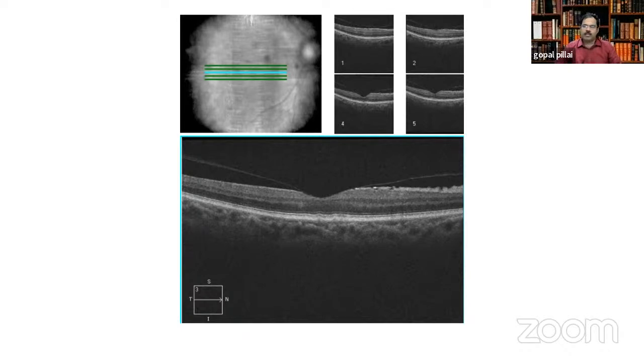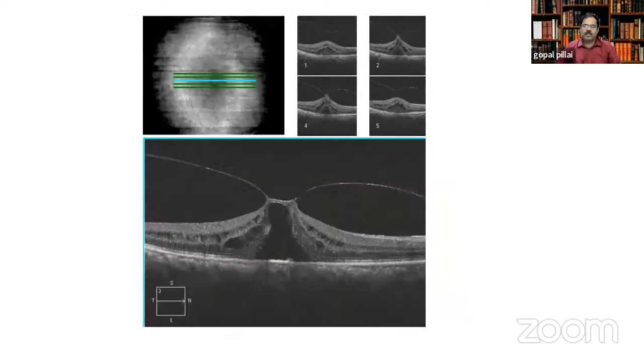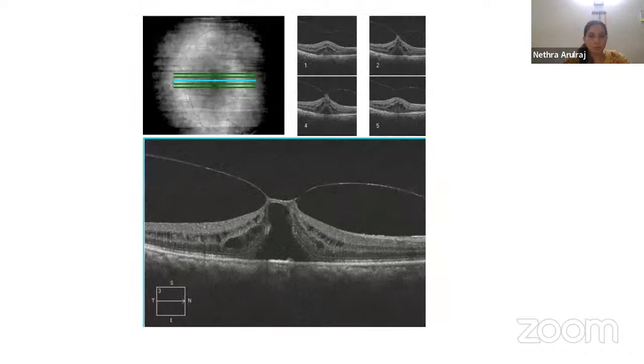Fine. Next. So this is a vitreomacular traction with alteration in the foveal contour. This is called vitreomacular traction for the same points as vitreomacular adhesion, along with changes in the foveal contour because of the presence of a pseudocyst, or there is an elevation of the fovea from the RPE.